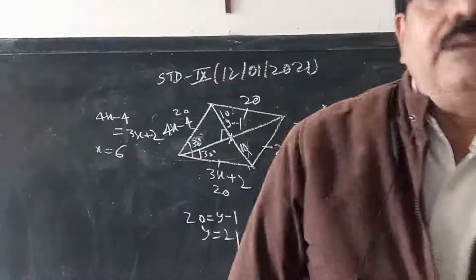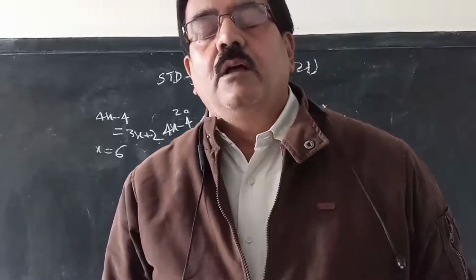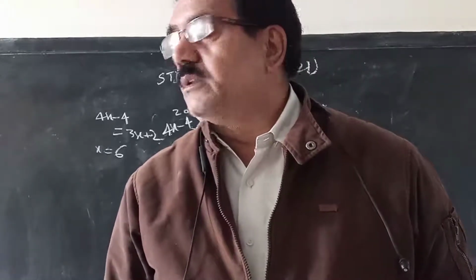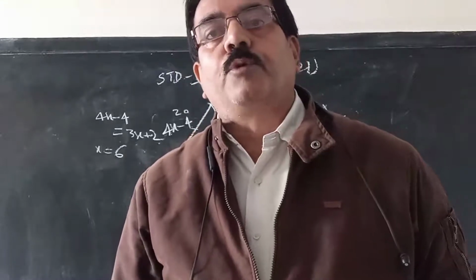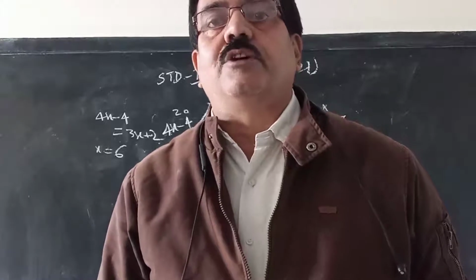So you can see we are solving the question by using the properties of the parallelogram, and when we have to prove a property, we take the help of congruency of triangles.